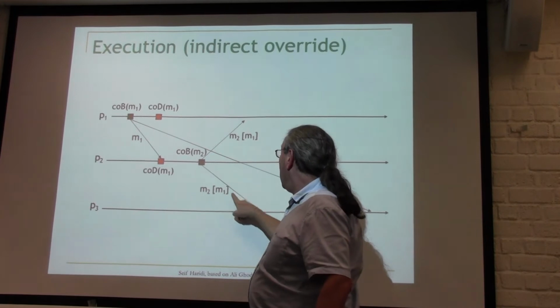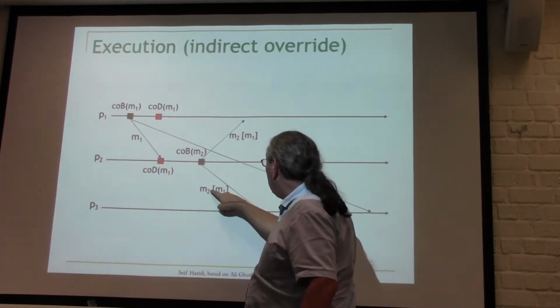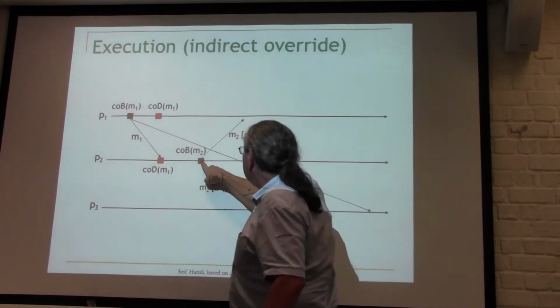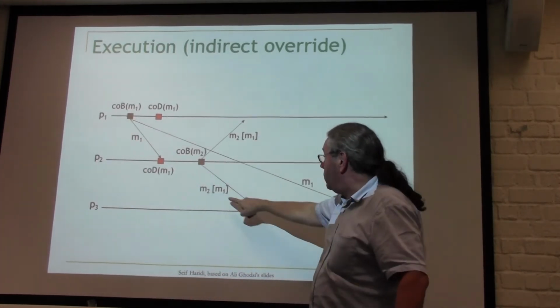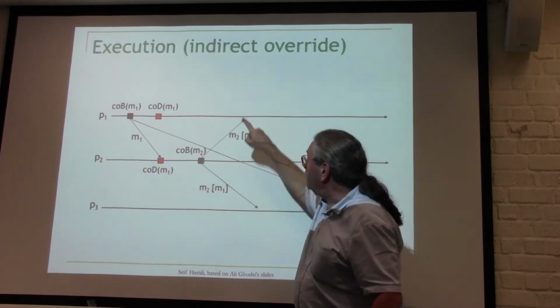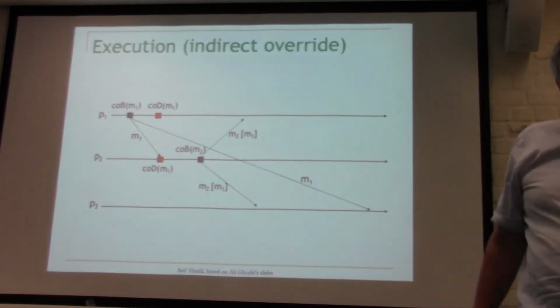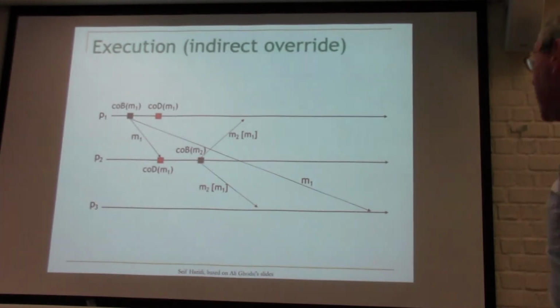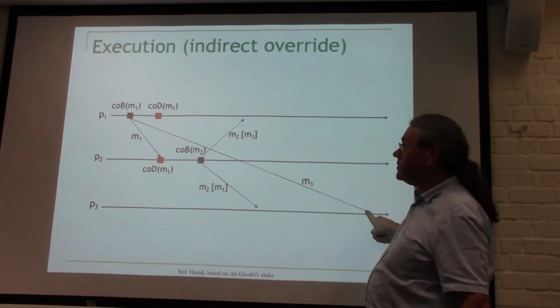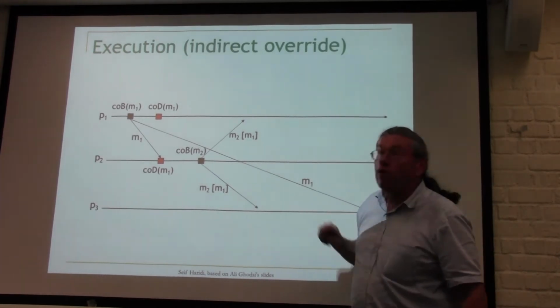It also piggybacks M1. So this M1, which was coming from P1, is now sent from P2, here and here. I call it indirect override because this one is in some sense overriding this one, because it's earlier.